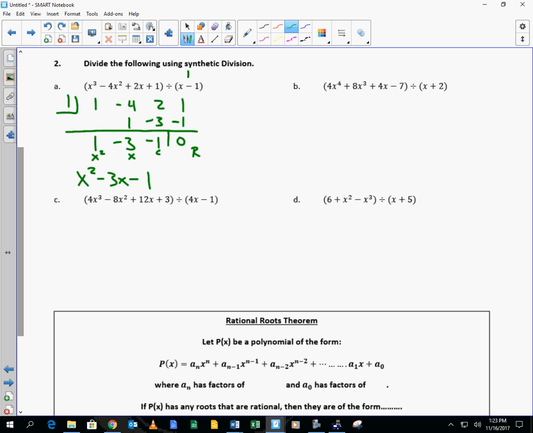Does that make sense? So for the next one, what would you plug in to make 0 for the binomial? So we plug in -2. We have 4, 8, 0, 4, and -7. I always start by dropping the 4 and multiply.